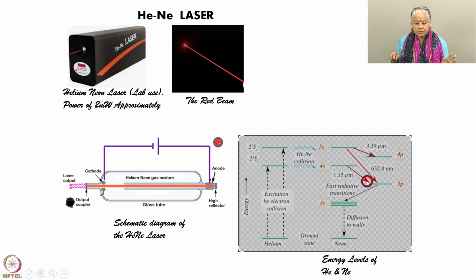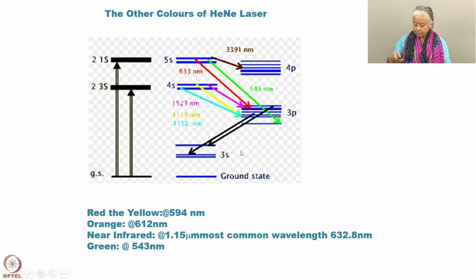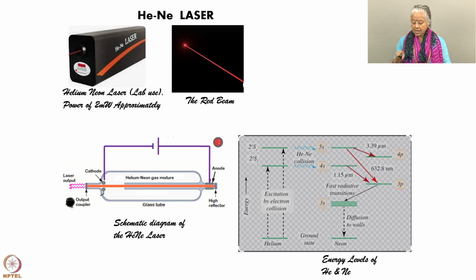So, you have three possibilities: from 5s to 3p, or from 5s to 4p, or from 4s to 3p. So, three lines are possible.